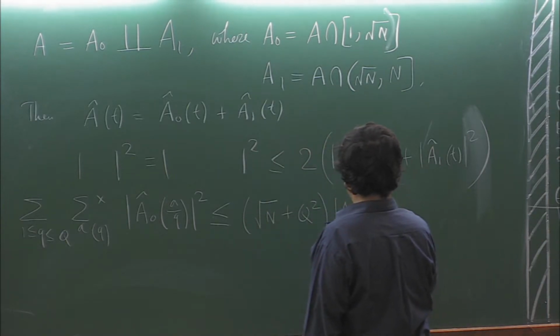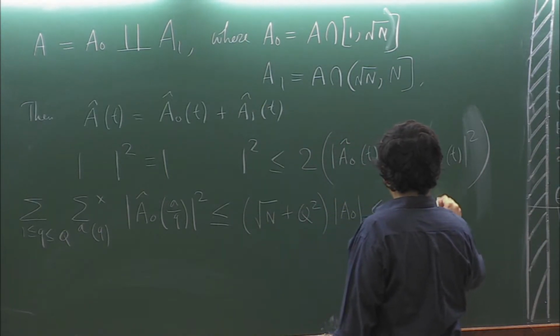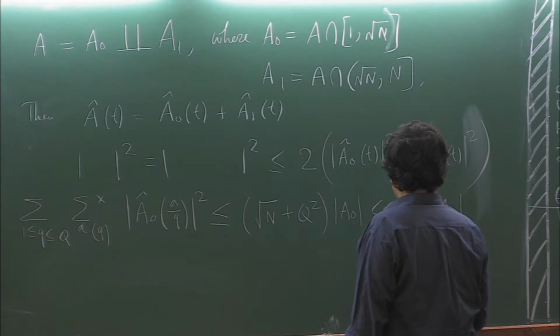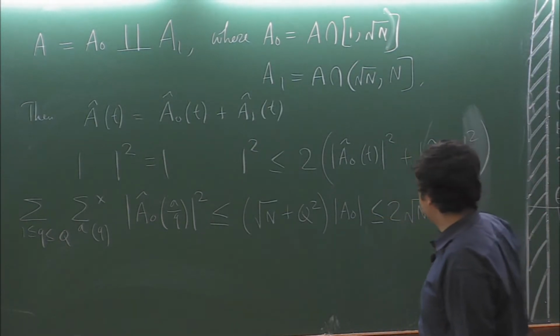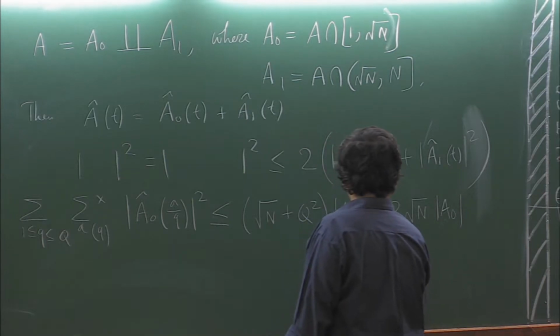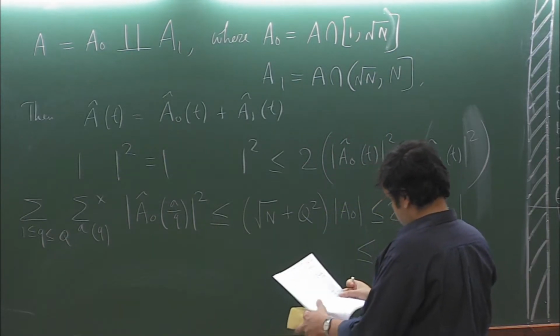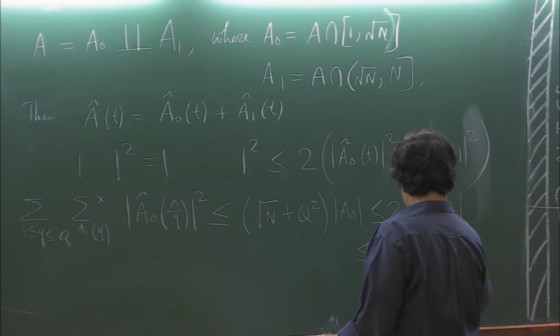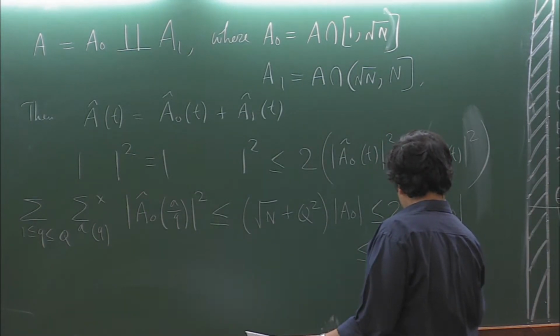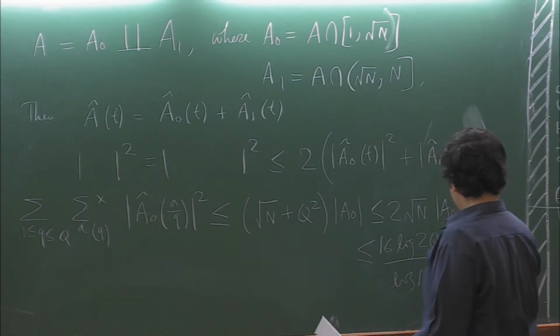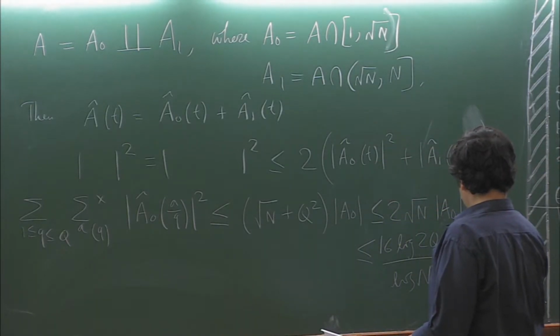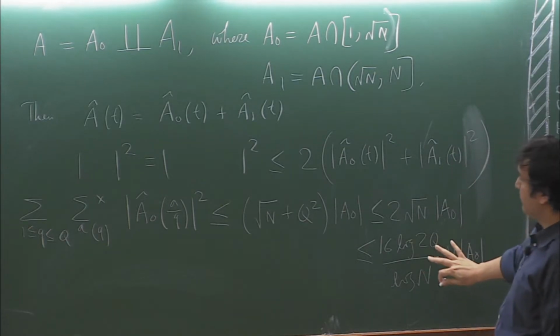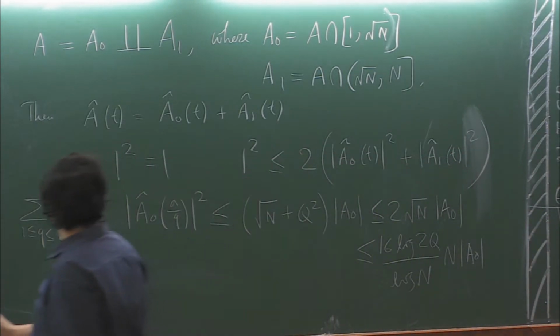So this is twice root n times A naught. And this is very small. This is smaller than 16 log 2q upon log n times n times A naught. So this is of the right size. This is 16 times this, and e to the power gamma is also there.